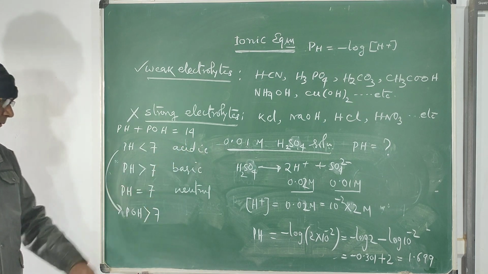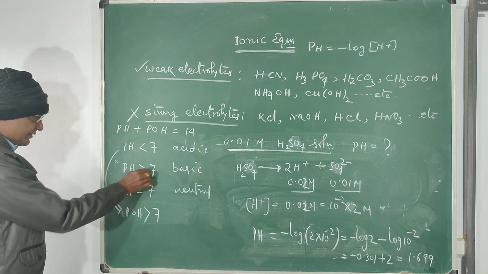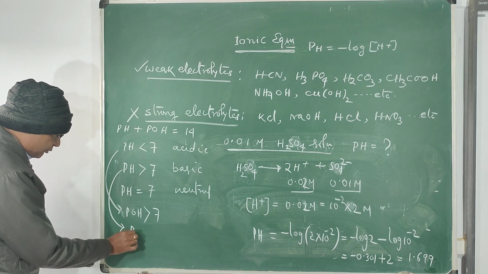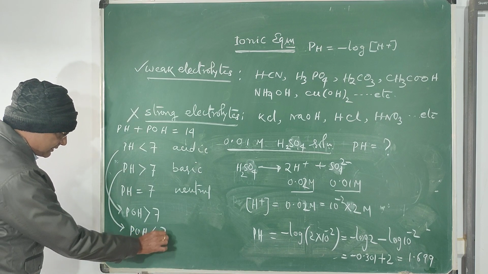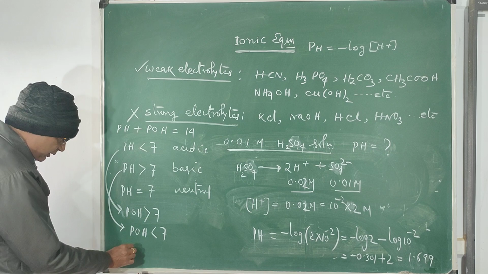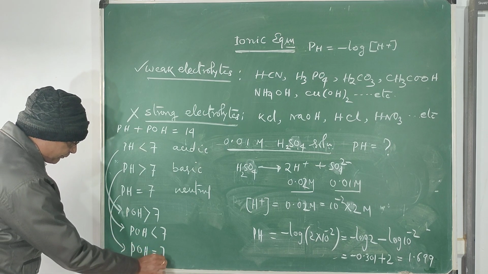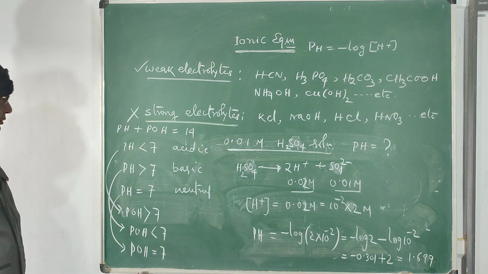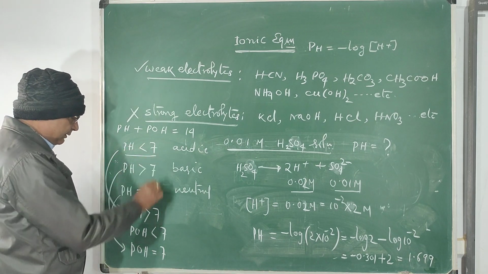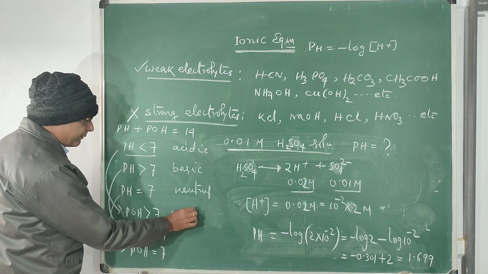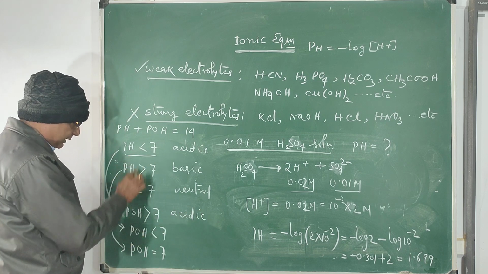That means greater than 7. And if pH is greater than 7, pOH will be less than 7. And if pH equals 7, pOH will equal 7. So for an acidic solution, pH is less than 7 or pOH is greater than 7. Both are right.